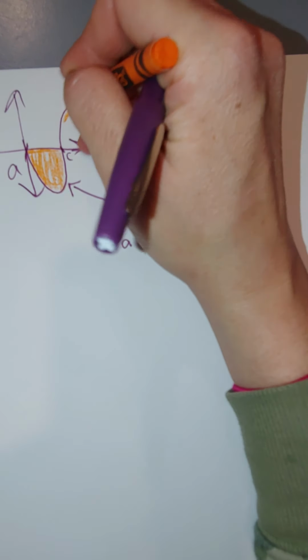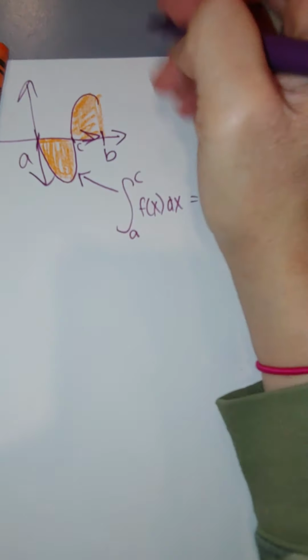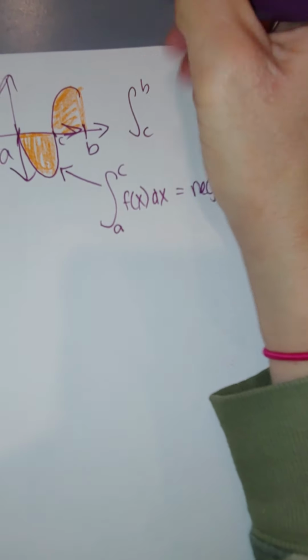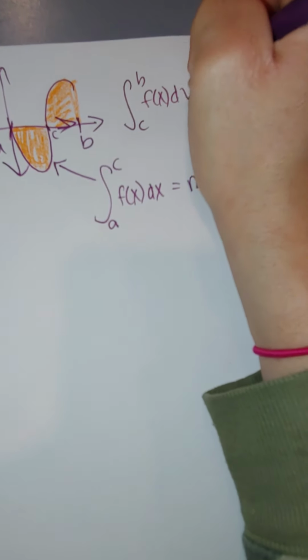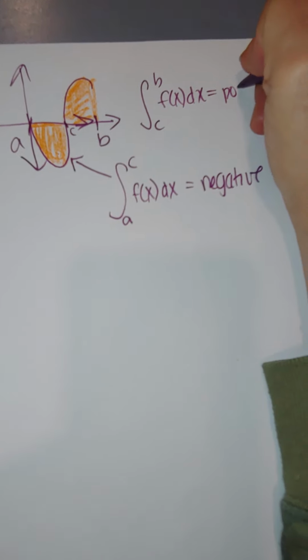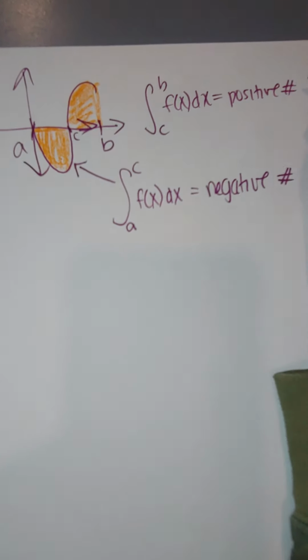And if we took the integral from C to B, we would get a positive answer, the actual area of that little section.